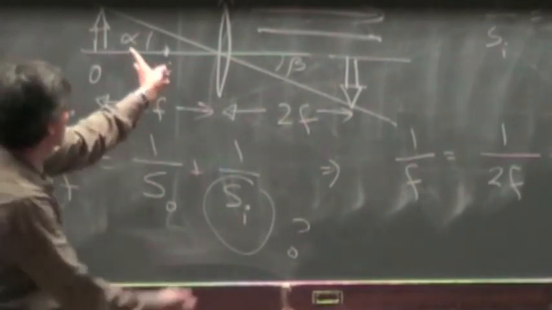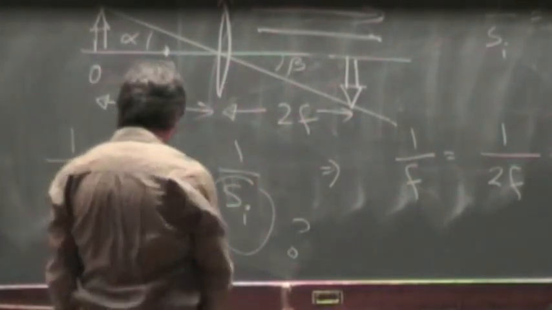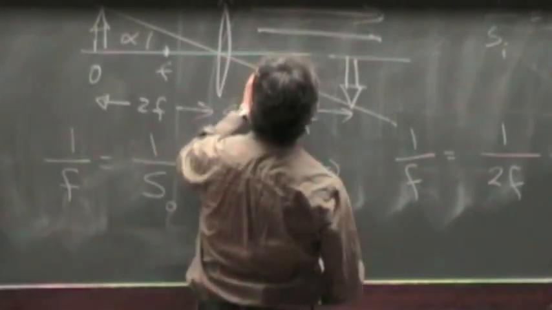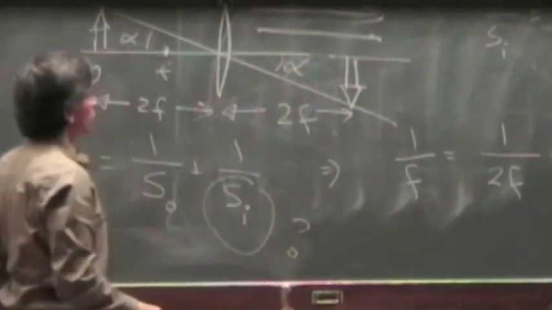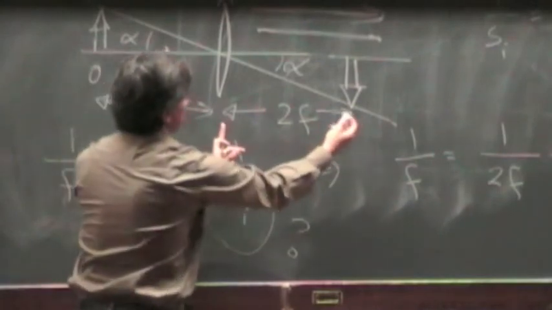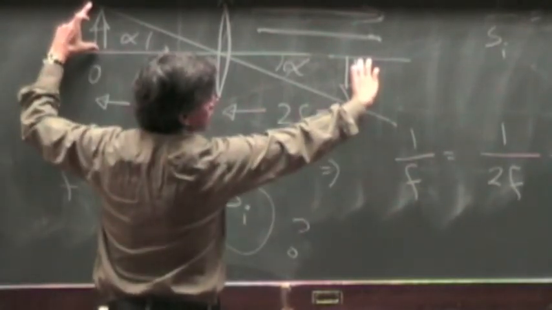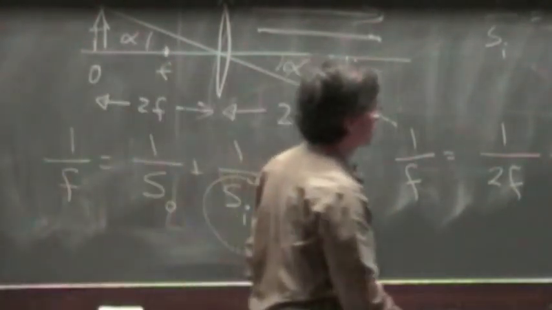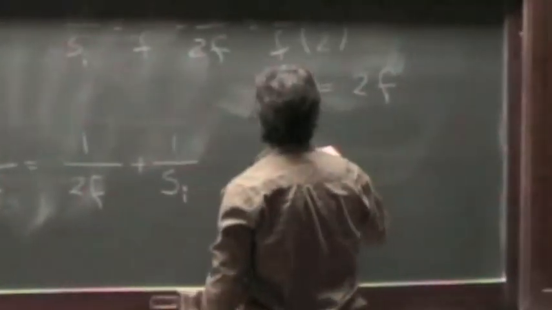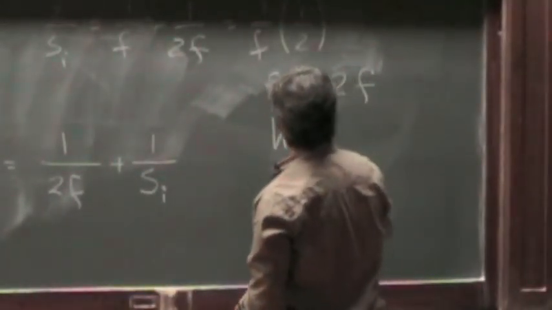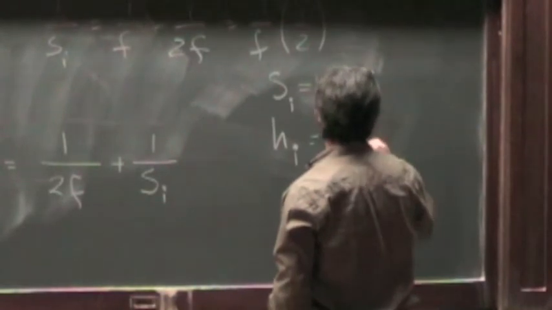That's basic geometry, right? So those angles have to be the same. So if those angles are the same and these distances are the same, what can I say about this? It has to be the same. So the height of the image is going to be equal to the height of the object.